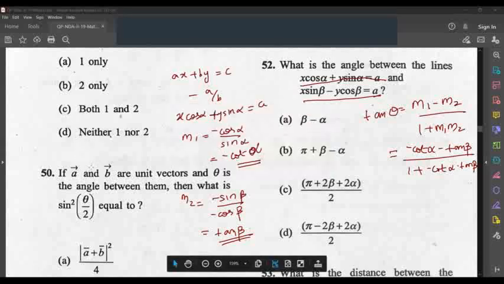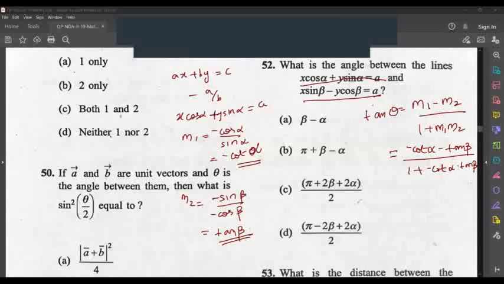Isn't it? So can we write minus cot alpha as tan of pi by 2 plus alpha, just to convert everything in terms of tan? So tan theta is equal to (tan of pi by 2 plus alpha minus tan beta) by (1 plus tan of pi by 2 plus alpha tan beta).